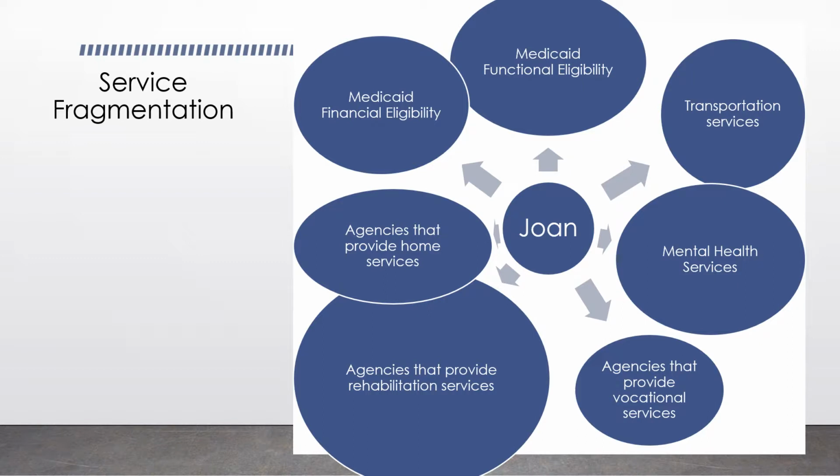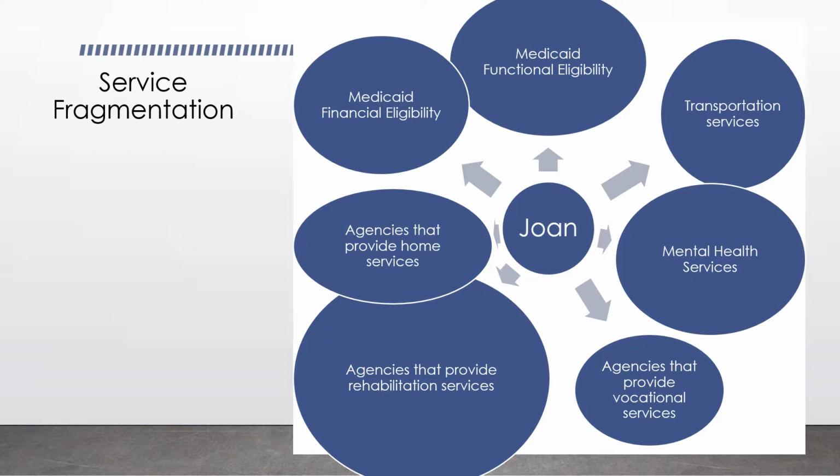But the other things that she's going to have to try to negotiate with the MCO or by herself include the Medicaid financial eligibility. In the state of Kansas, for example, these are two different branches that deal with that. So while she may be found functionally eligible to receive Medicaid services, there may be a holdup in finding out if she's financially eligible.